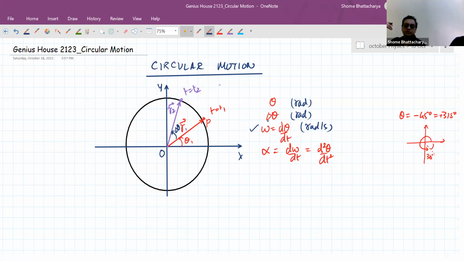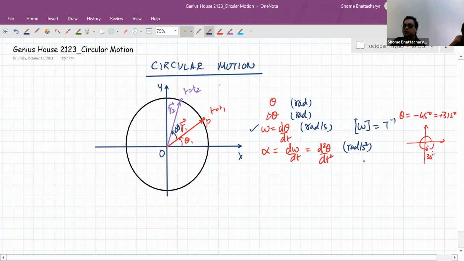We do give it a unit of radian, but it's not equivalent to any physical dimension. Whereas the dimension of angular velocity is time inverse, because it is radian per second, and the dimension of angular acceleration is 1 by time square, expressed in radians per second square. So alpha has dimension of t to the power minus 2. These are just some small points.